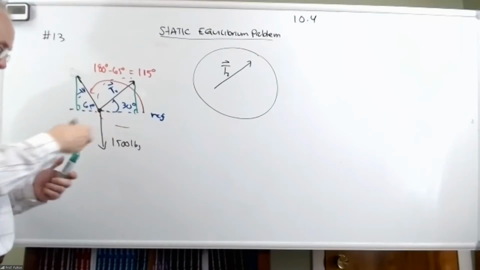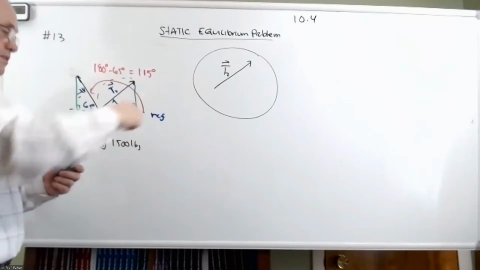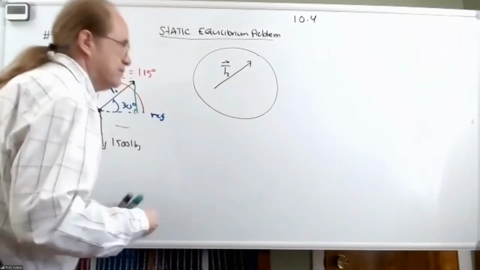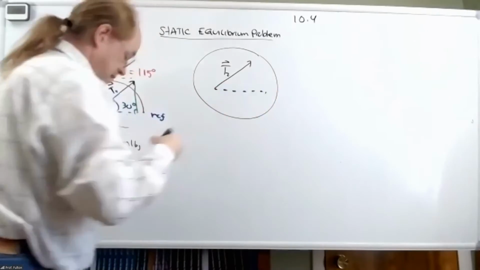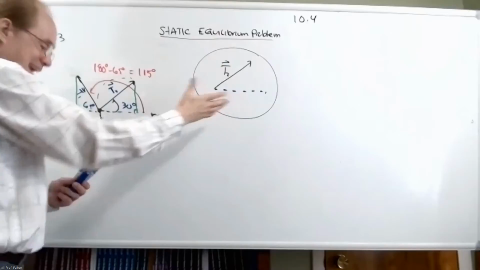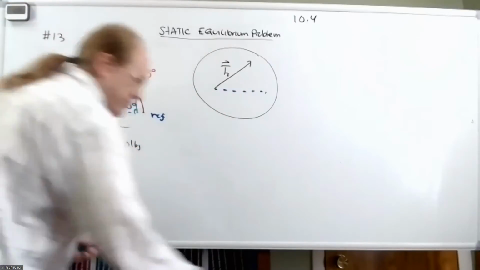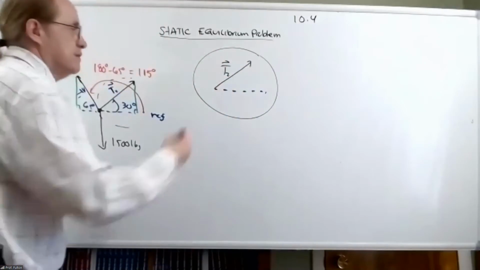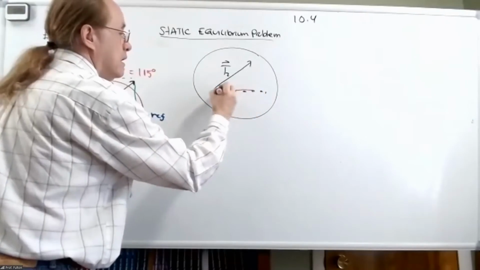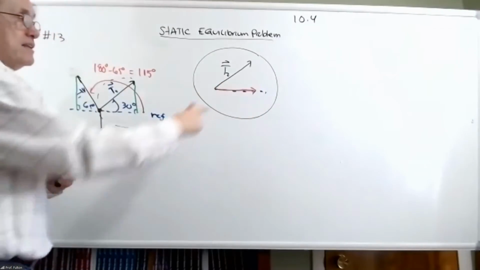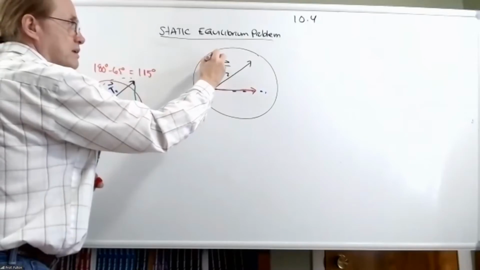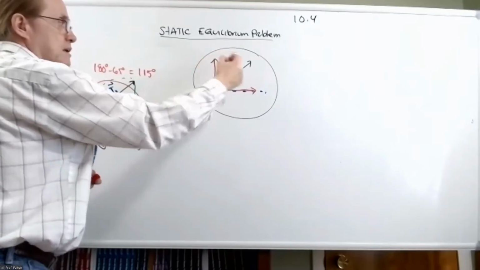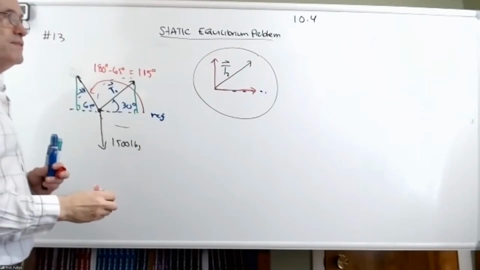Vector T sub 2 has two parts. It has a vertical component. This is my reference side. If I project downward, it has a vertical component right here. It also has a component that matches that line there.